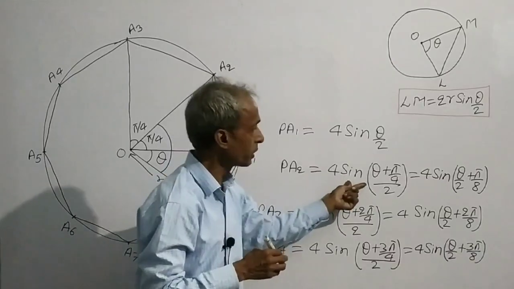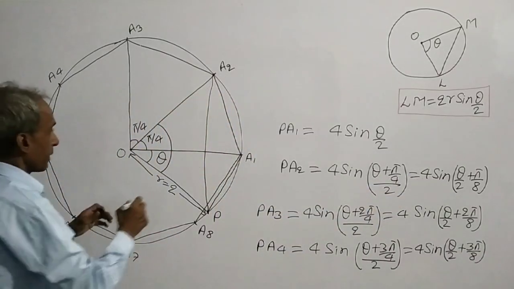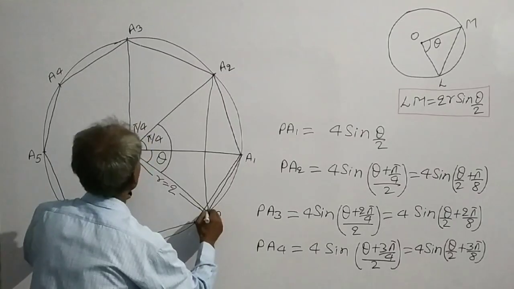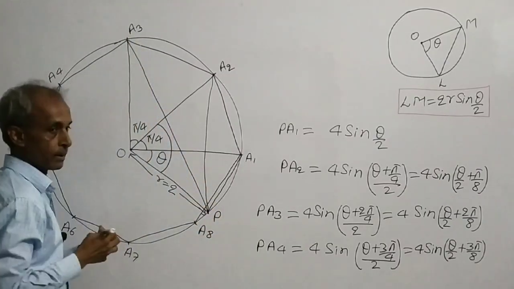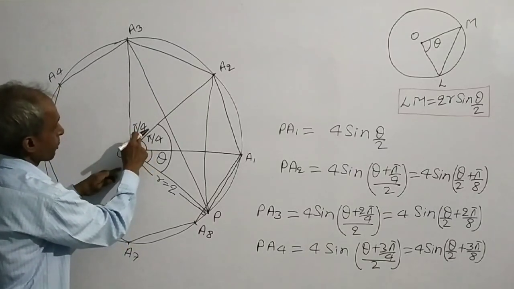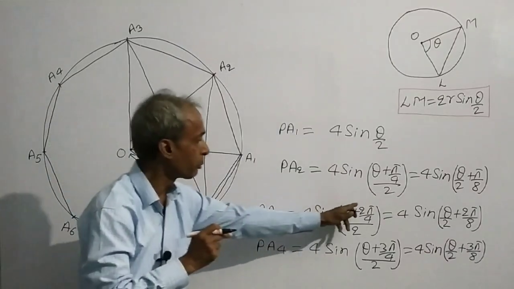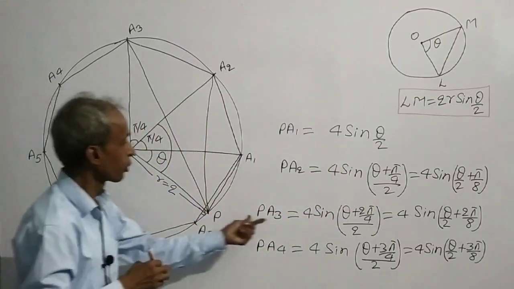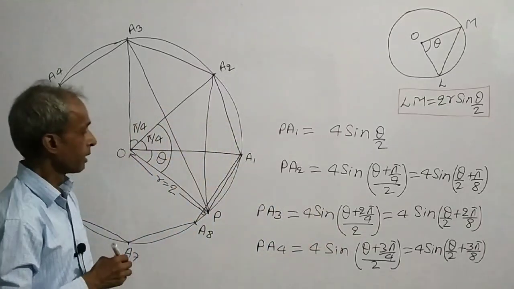Therefore, PA2 is equal to this. This chord length PA3 subtends angle theta plus pi by 4 plus pi by 4, that means theta plus 2 pi by 4. Therefore, PA3 can be written as this.